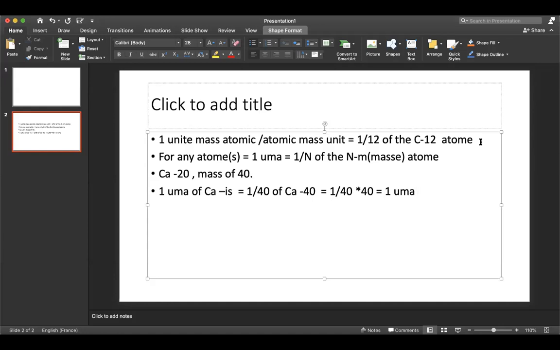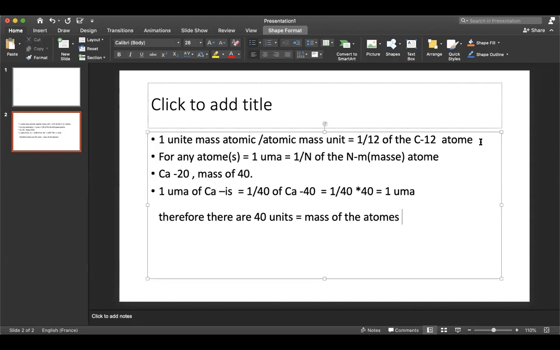So they have 40 unit masses. Therefore, there are 40 units, and these units make up the mass of the atom.